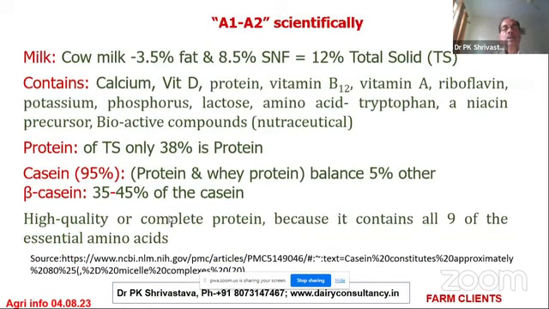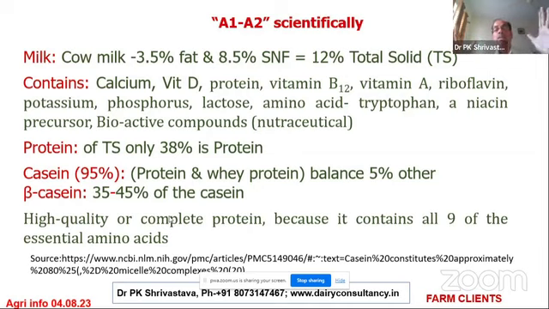Cow milk has 3.5% fat, 8.5% SNF, meaning solids-not-fat; if you join together, total solid is 12%. It contains calcium, vitamin D, protein, vitamin B12, vitamin A, riboflavin, potassium, phosphorus, lactose, amino acids and many other things. Many bioactive peptides called nutraceuticals, and many other things are available in the milk in traces which are beneficial for the body.